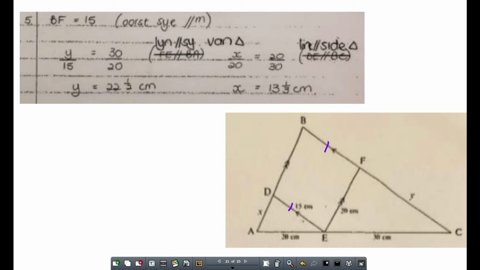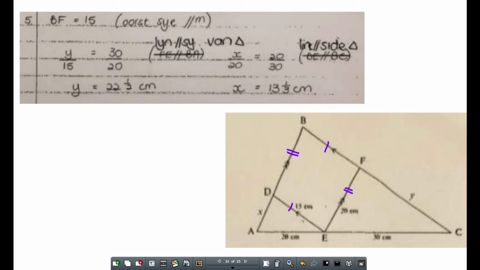And if we look at our other two parallel lines, that one and this one, it means that the distance of BD and FE will be the same. Stem julle saam? Okay, met ander woorde, daai en daai is dieselfde.